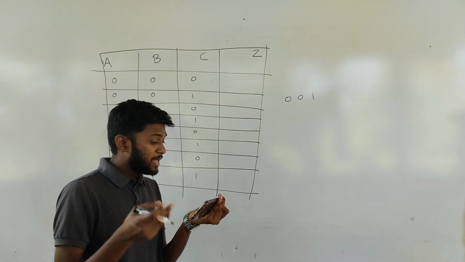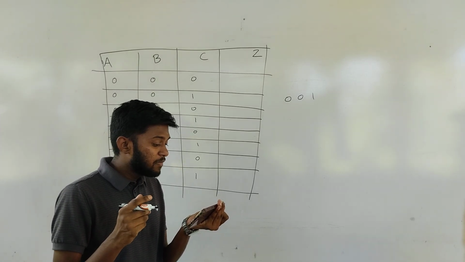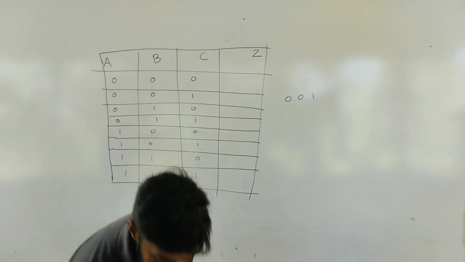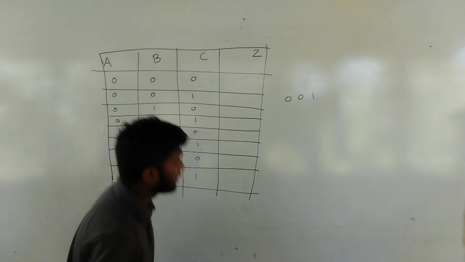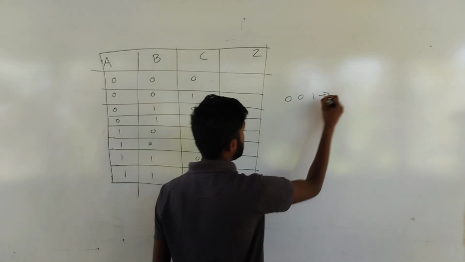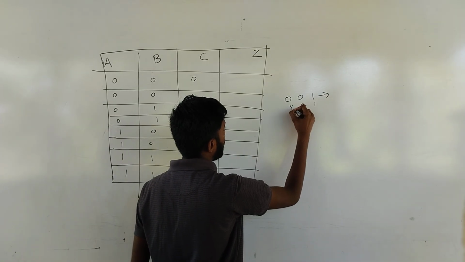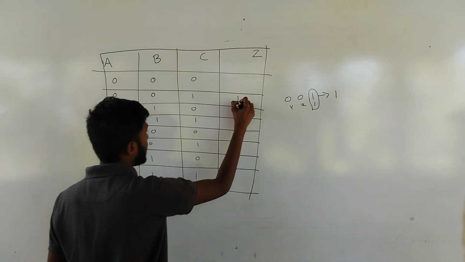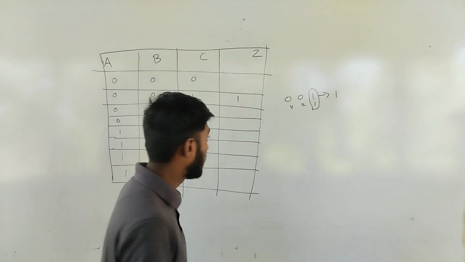Now look here at this binary. If you convert this into decimal, with place values 4, 2, 1, this is going to be 1. So in this case the output result is going to have the value of 1.